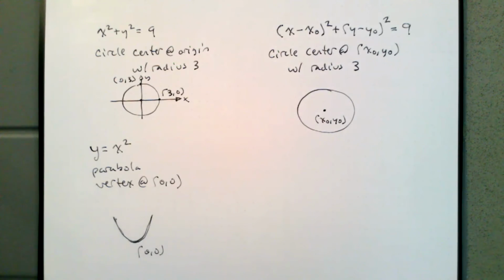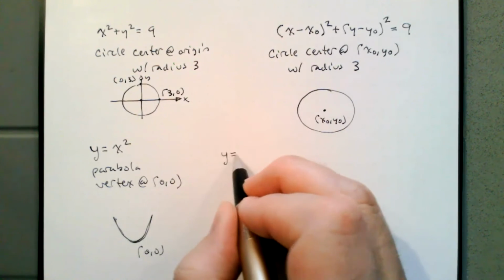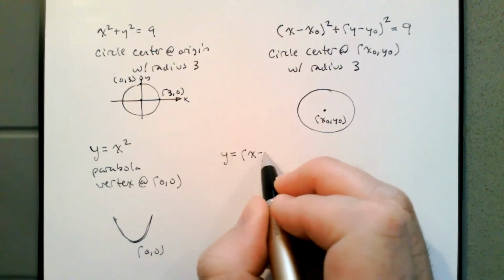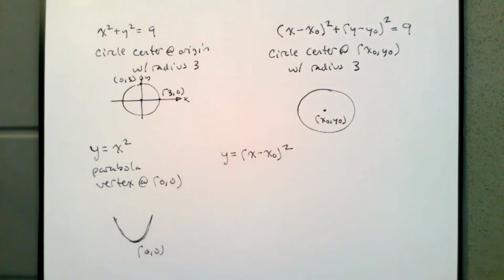If I replace the x with x minus x naught, now my vertex is at x naught, 0.